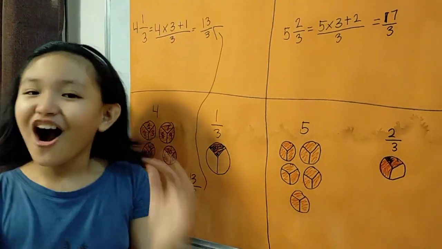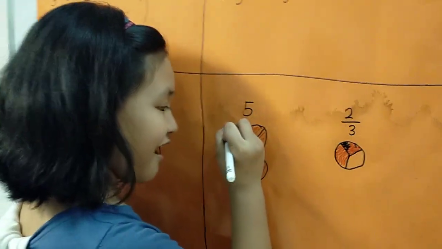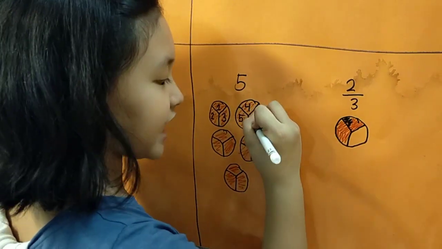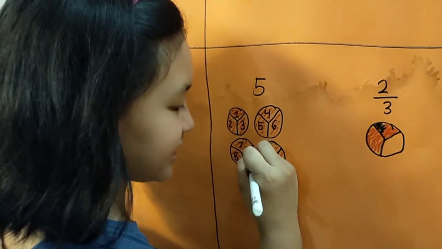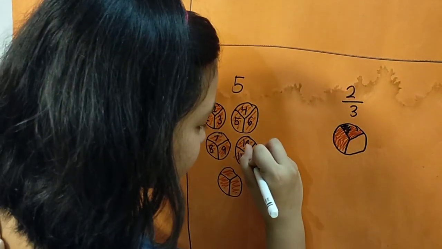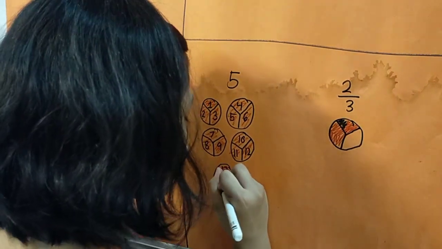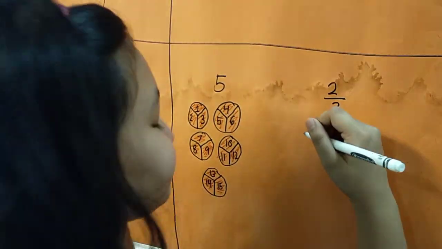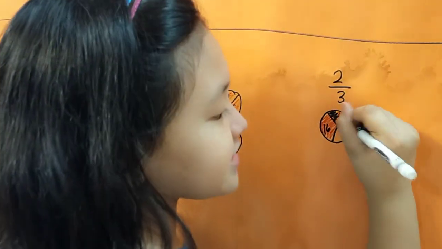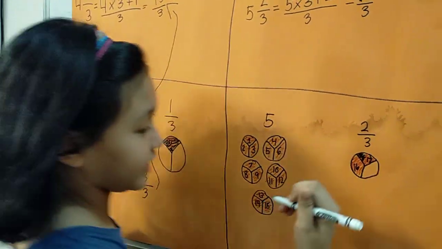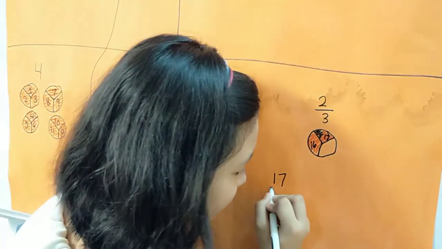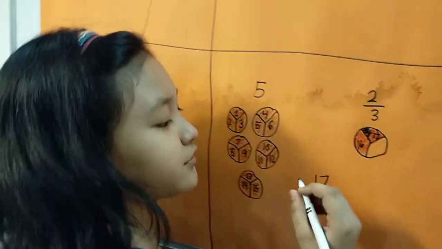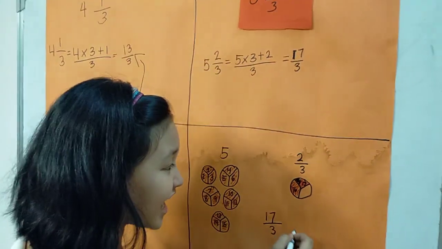Now we will count all the shaded parts. 1, 2, 3, 4, 5, 6, 7, 8, 9, 10, 11, 12, 13, 14, 15. Plus these 2 shaded parts here, 16 and 17. So there are 17 shaded parts, which will be our numerator, and the denominator will always be 3 for this mixed fraction. Look, our answer is the same.